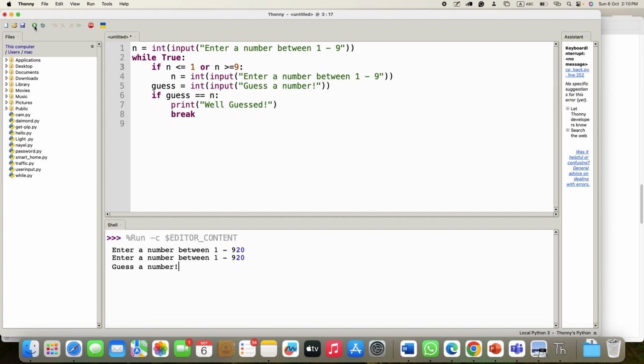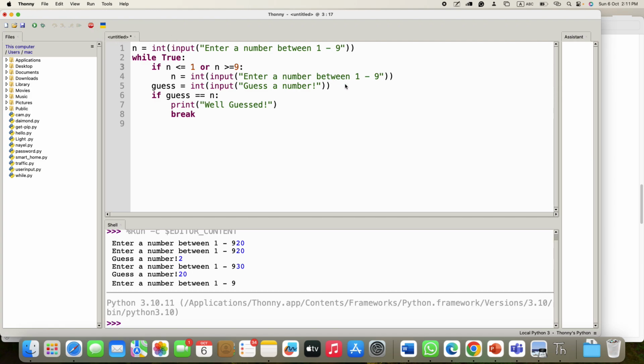Why? I can fix this problem with continue. If I put continue here, it will not ask me to guess until it's right. It will keep asking me to enter it.